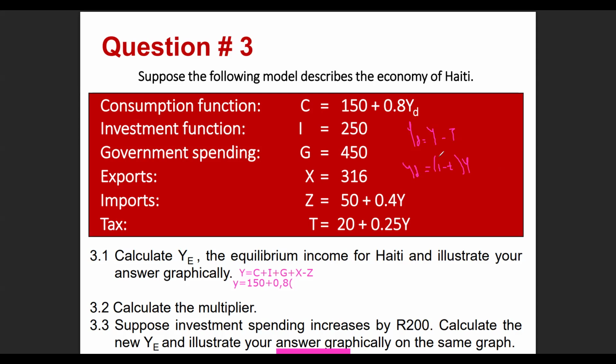Because here we're given the tax, which is 20 plus 0.25Y, we can use this to calculate the disposable income.